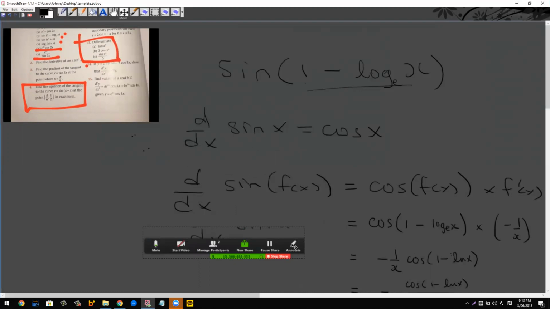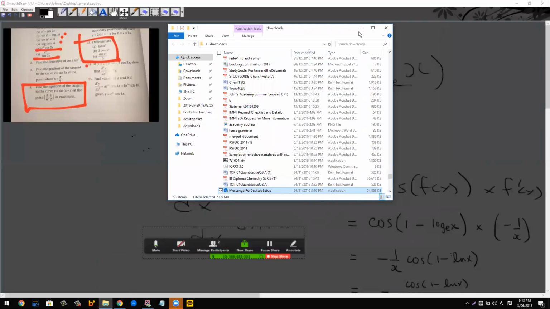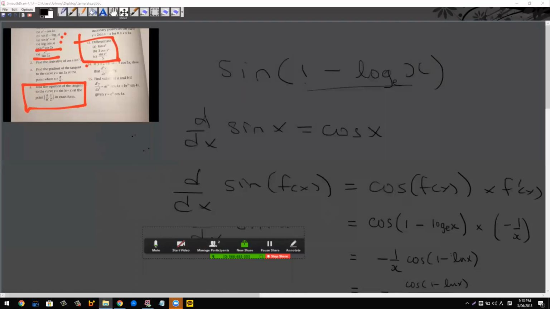Oh, yeah, Annotate. If you just click on that, then you can draw on my screen. Okay, sure.